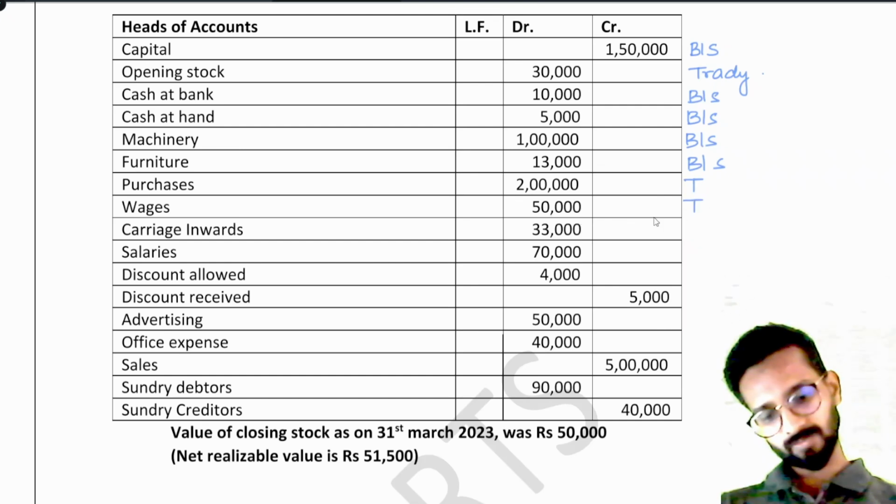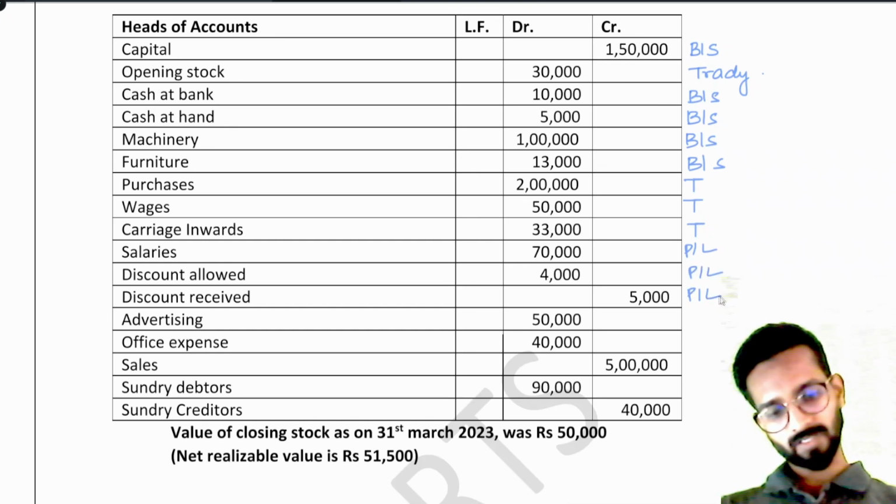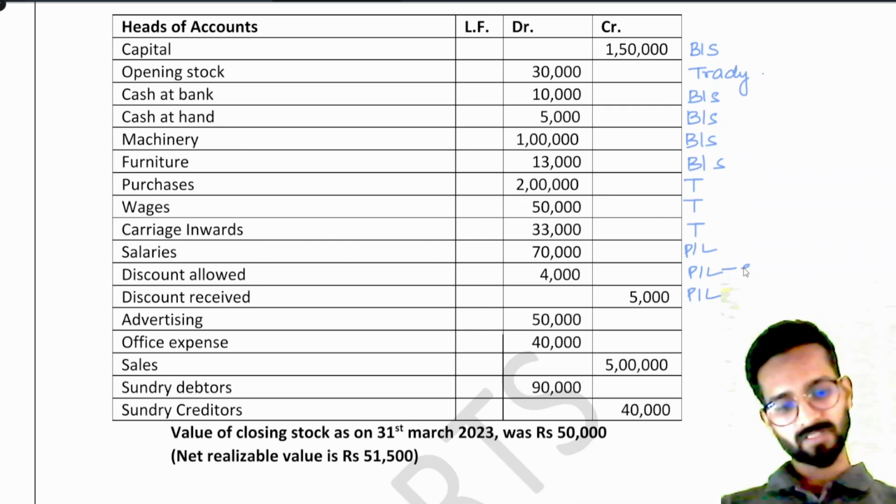Wages, trading account. Carriage and work, trading account. Salaries, P&L. Discount allowed, P&L. Discount received, P&L. See, discount allowed is expense. Received is income. Advertising, if nothing else is given, is our expense only. Okay. Again P&L. Office expense, P&L.